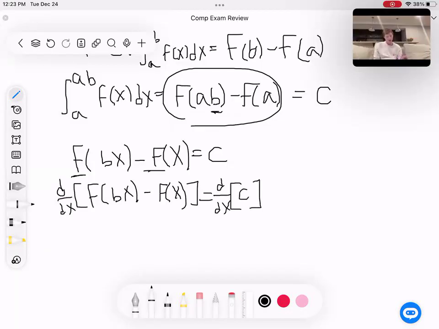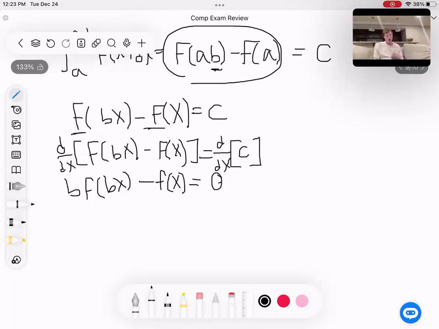So we're going to have F of bx, and using the chain rule, because we have a fixed constant b, that's actually going to turn into b times f of bx minus our original function f of x, which is what we care about, and that's going to be equal to 0. Or in other words, moving that over, we get b times f of bx is equal to f of x for all values of x.